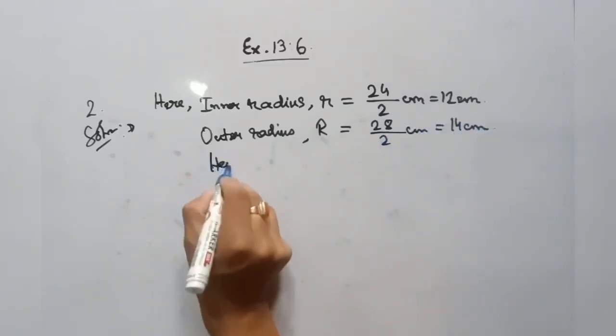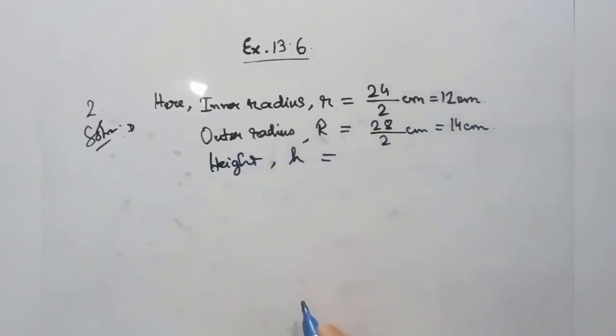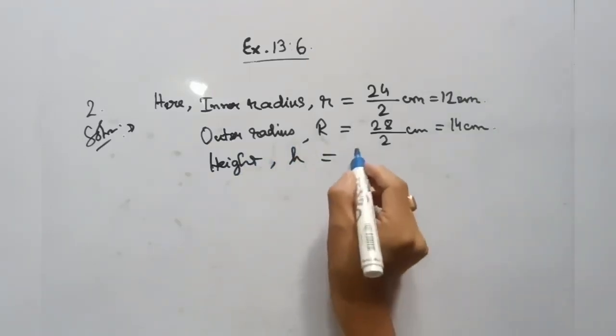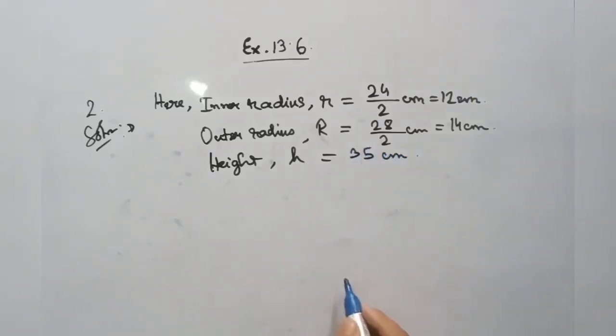And the height of the cylindrical pipe represented by small h, which is mentioned as the length of the pipe, is 35 centimeter. And we have to find the mass of the wood used in making the cylindrical wooden pipe.